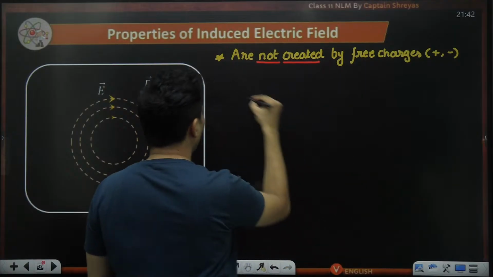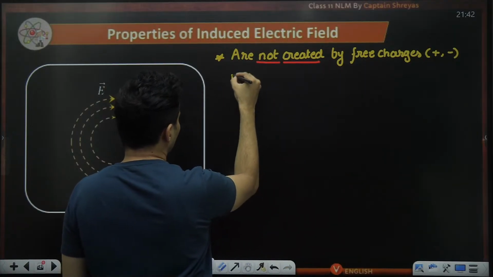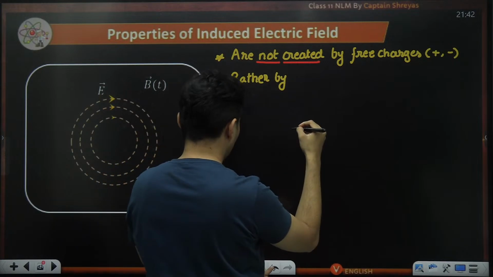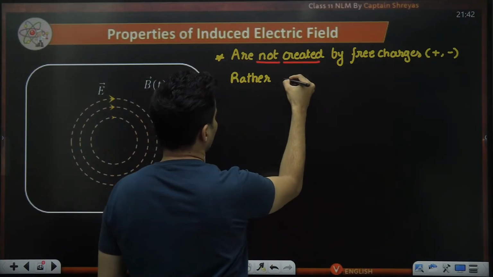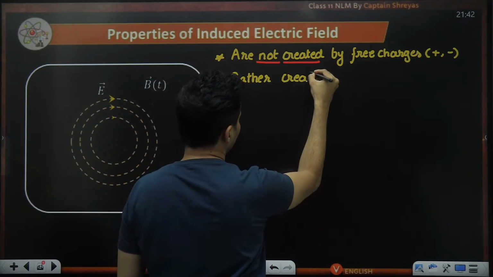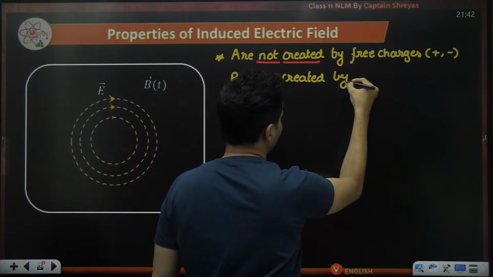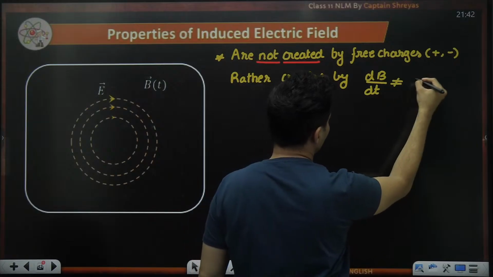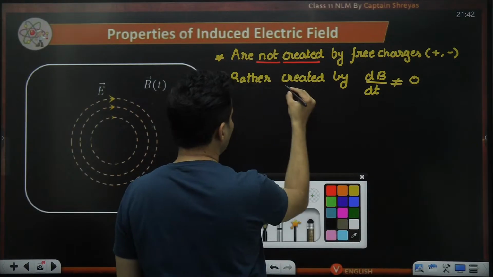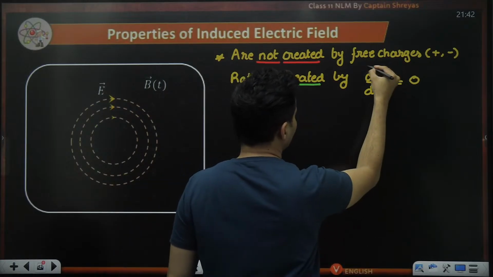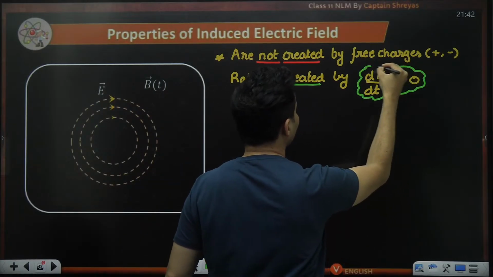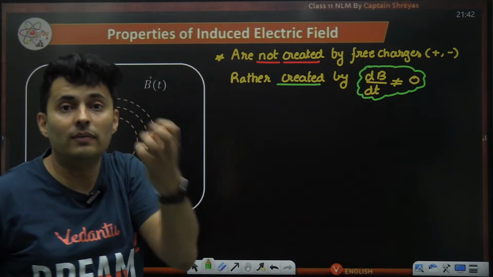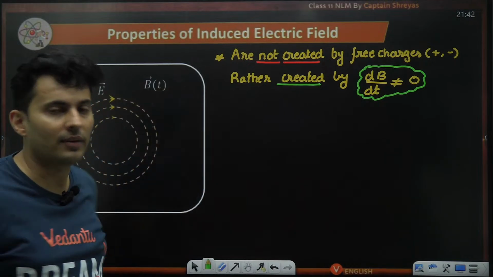Rather, they are created by dB by dt. Magnetic field should change. That means this should not be zero. Whenever magnetic field changes, that is what is creating this kind of induced electric field.